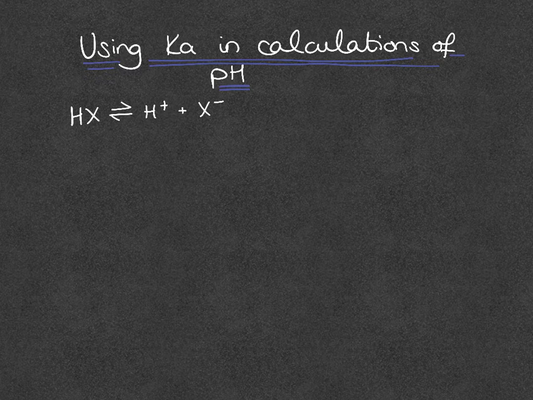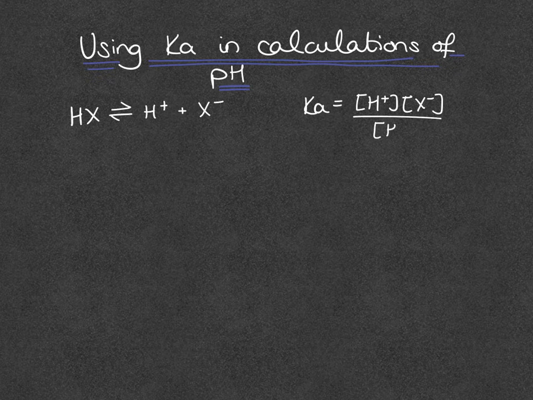I've written the equilibrium expression again to remind us. And we know that if we were to write Ka for this, then we would have the concentration of H+ on the top times the concentration of X- over the concentration of HX. And say we had our value for this, I'll just pick one out of my reference table. We'll have 1.8 times 10 to the minus 5.